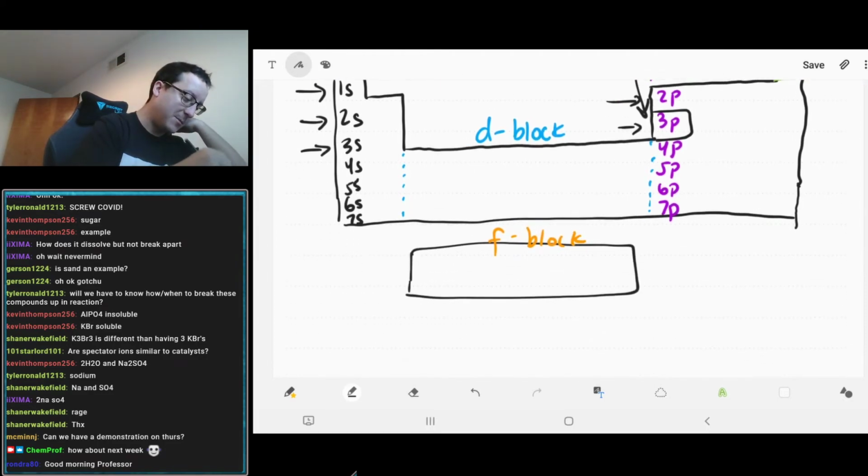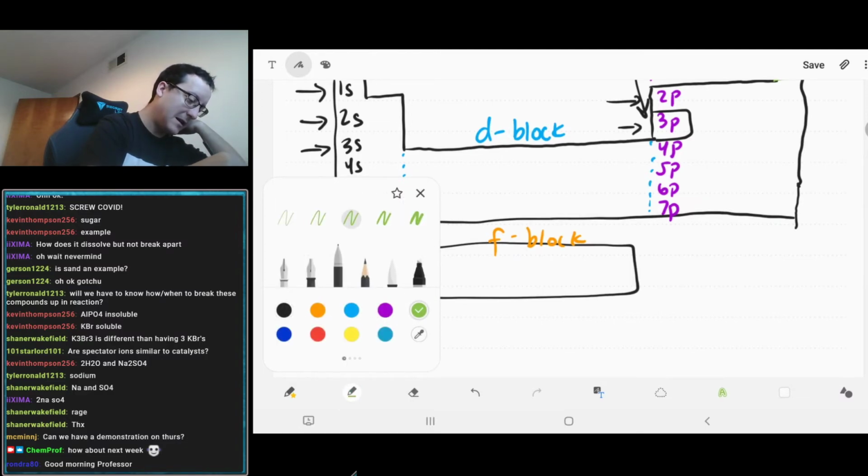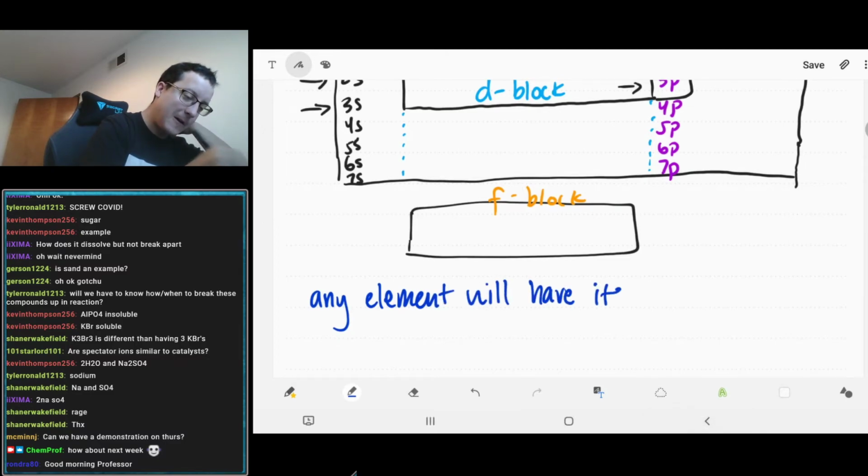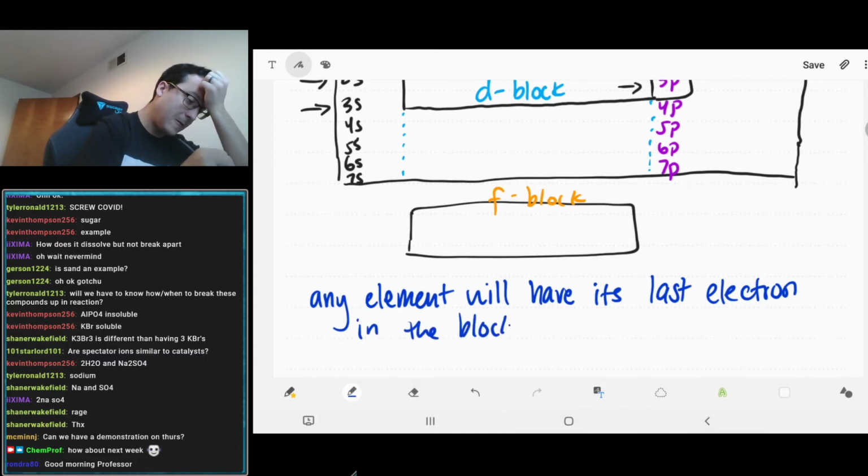So let me just go ahead and write that down in dark blue. Any element will have its last electron in the block it resides in.